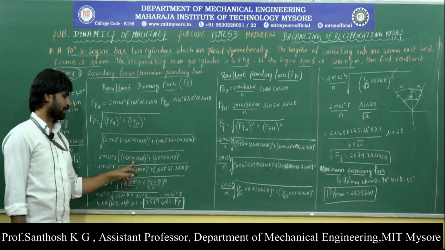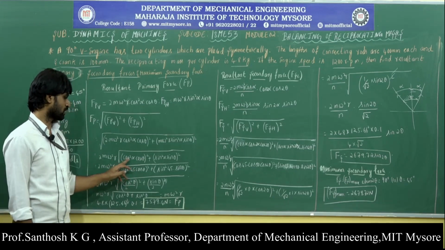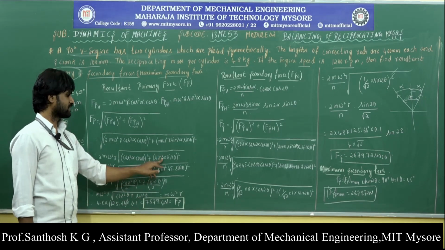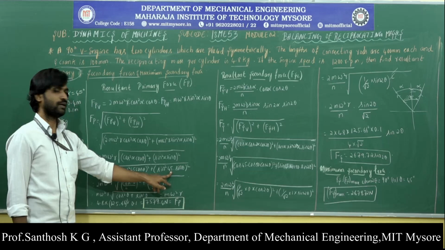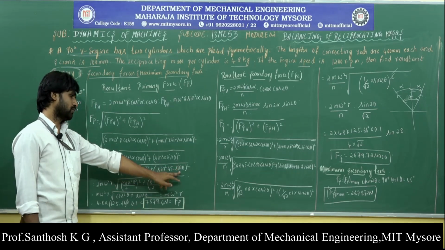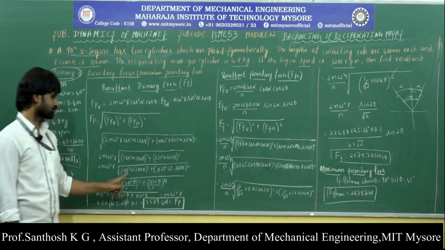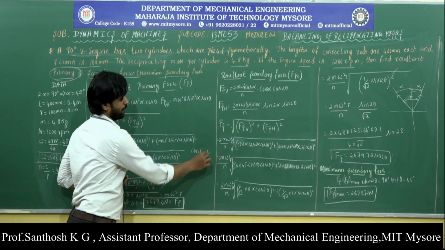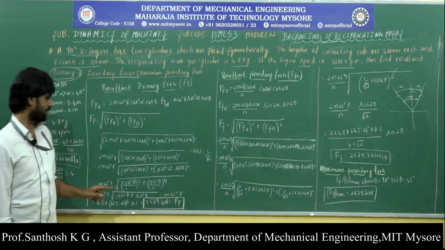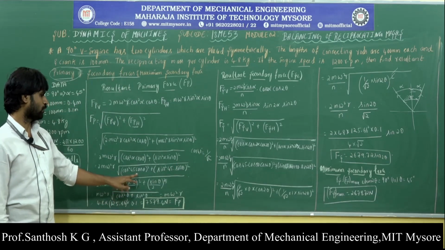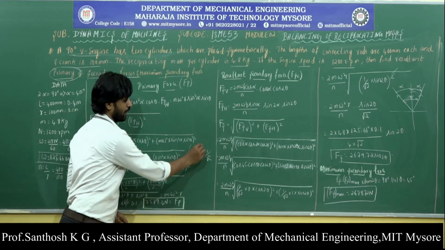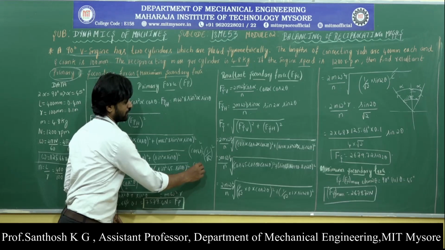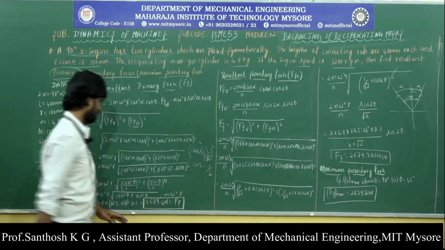Now I am going to substitute alpha as 45. So cos square 45 into cos theta whole square plus sin square 45 into sin theta whole square. We know that the value of cos 45 is 1 by root 2, so if I take the square, cos square 45 will be equal to 1 by 2.